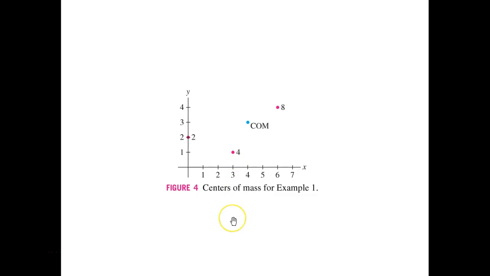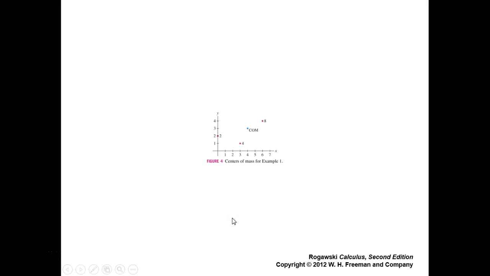But now let's do the figuring. Which do you want to go for first? X sub CM. It's the x component of the center of mass. What would that be? M1 X1 plus M2 X2 plus M3 X3 divided by M1 plus M2 plus M3.